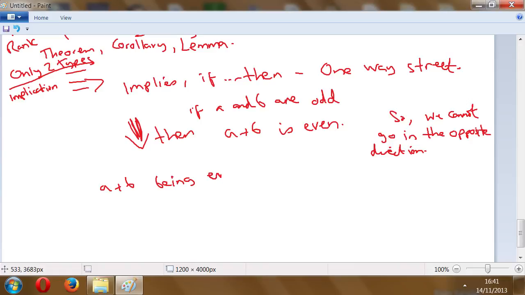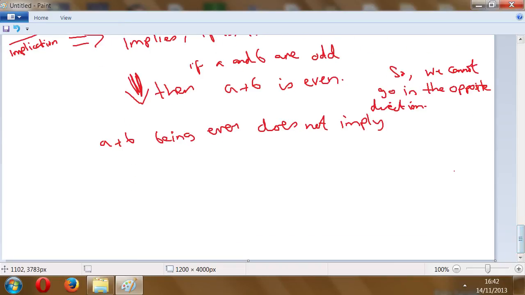A plus B being even does not imply, well, I'm almost at the bottom of the page, aren't I? I'm going to have to make this bigger next time. So A plus B even does not imply that A and B are odd.